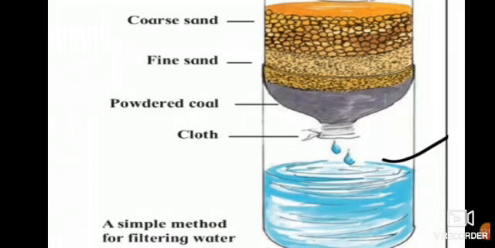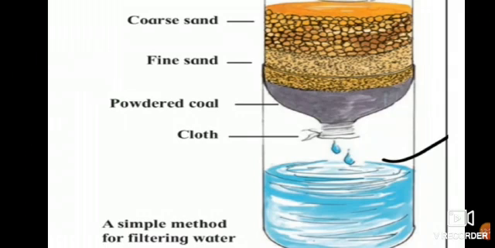Then add fine sand and lastly coarse sand to make three different layers inside the bottle as shown in the diagram. If you can see, there are three things: coarse sand, fine sand and powdered coal, and the cloth is tied to the mouth.